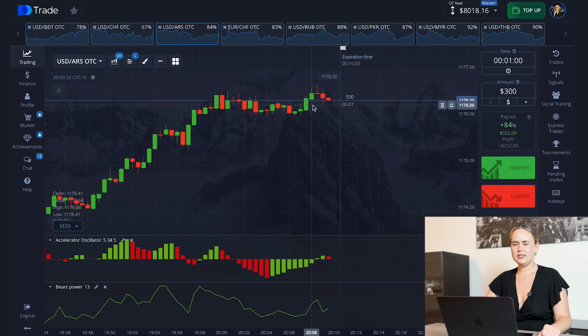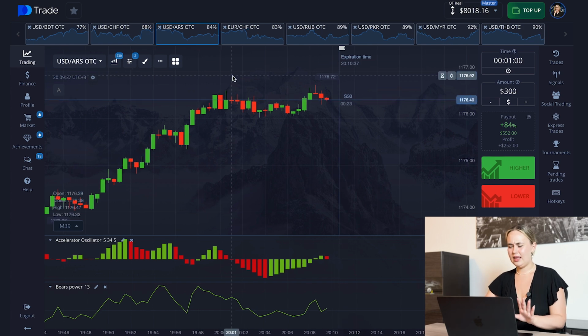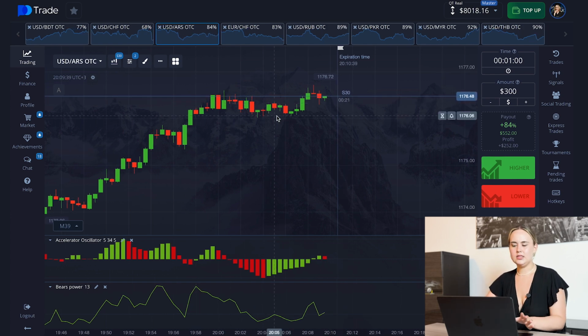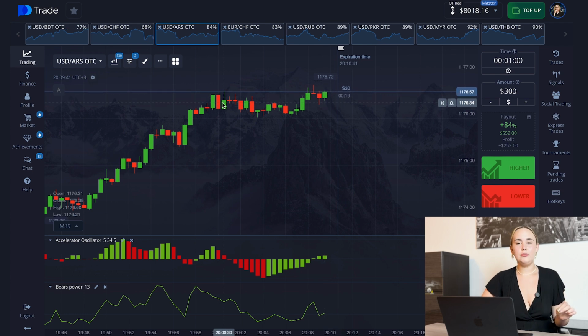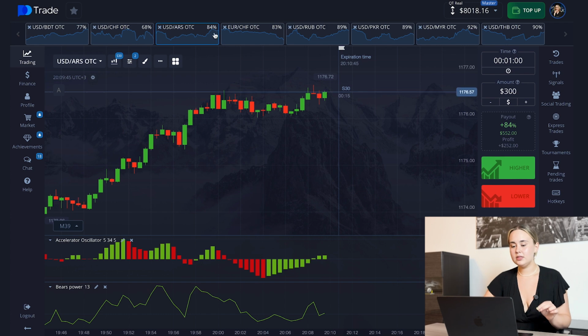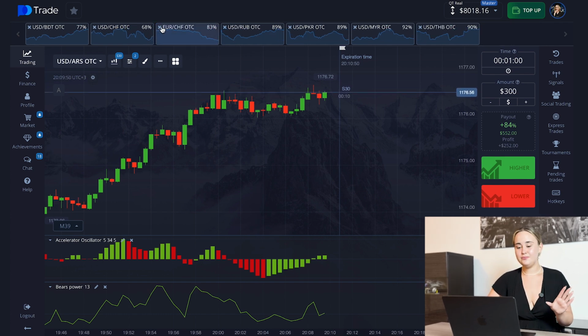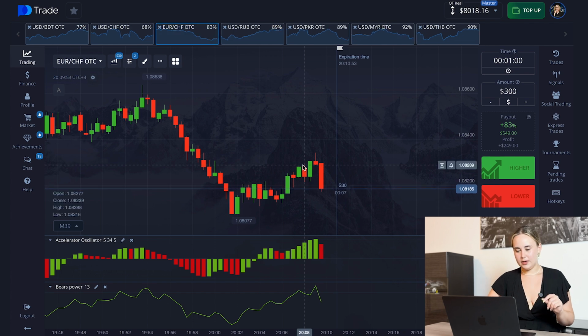I think this one is not a really good idea because the price has been stable for a really long time, and when this situation happens, it's really hard for beginners to predict what's going to happen. So I think we're not going to work with this asset right now. Let's have a look at this one.